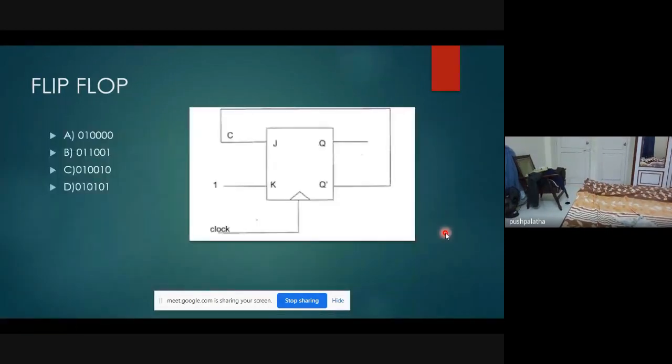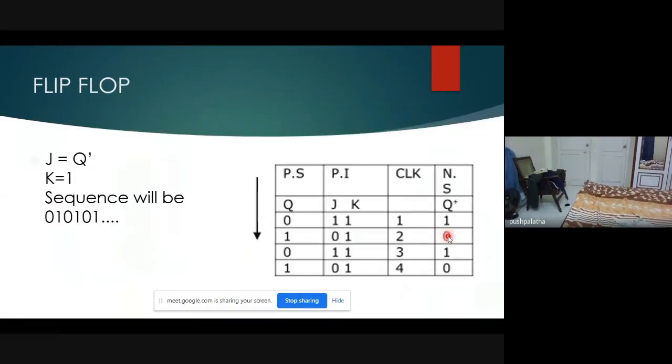Initially Q is 0. K value is 1. How am I writing the J value as 1? Because J equal to Q bar. Q value is 0, so Q bar is 1. So JK is 1 1.